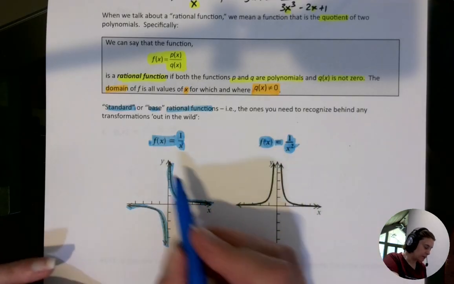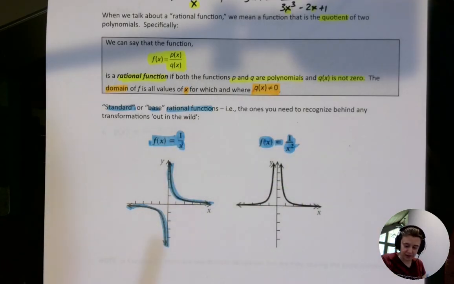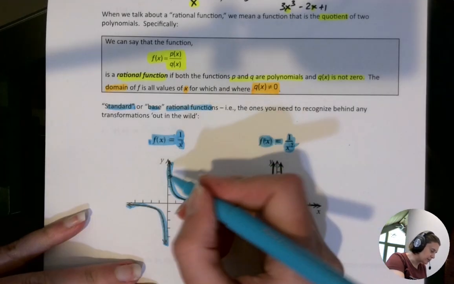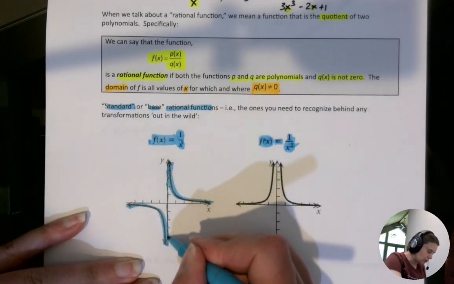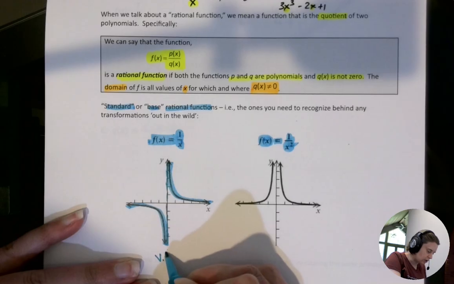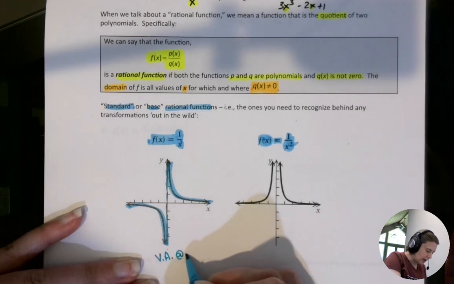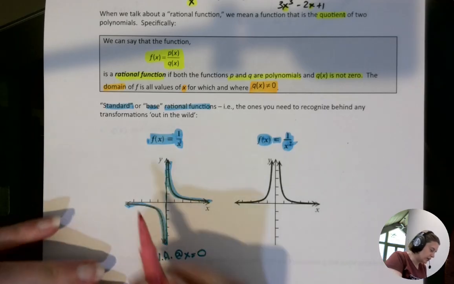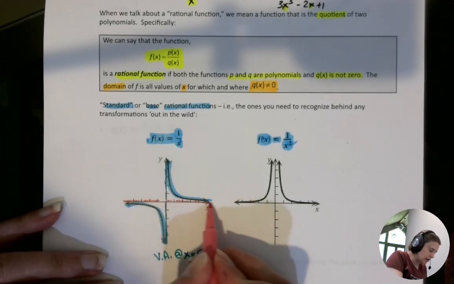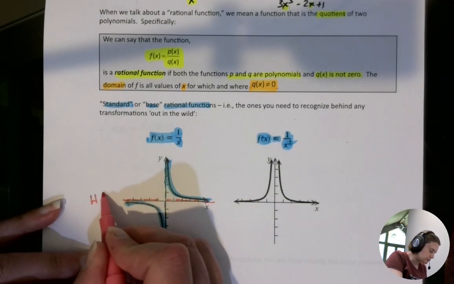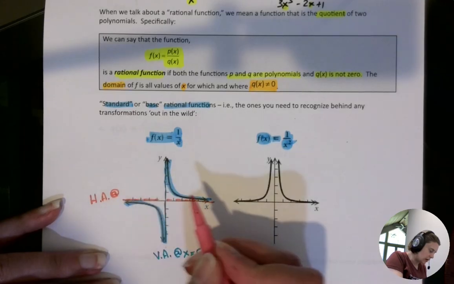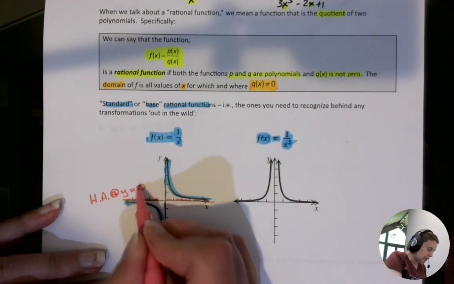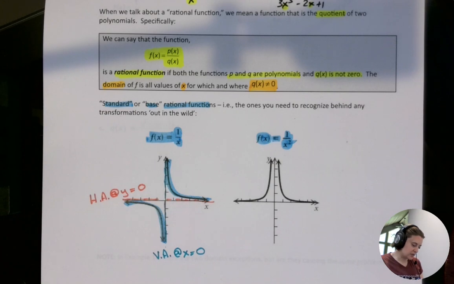And there are two asymptotes here. One of my asymptotes is going to be this vertical asymptote at x equals 0. And the other asymptote is this horizontal asymptote over here at y equals 0.